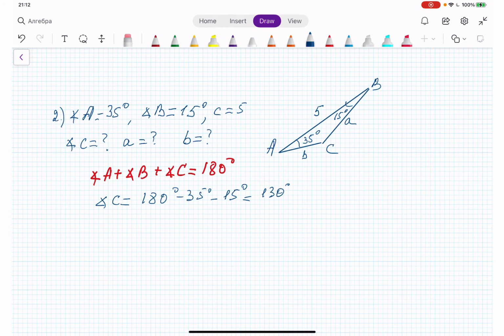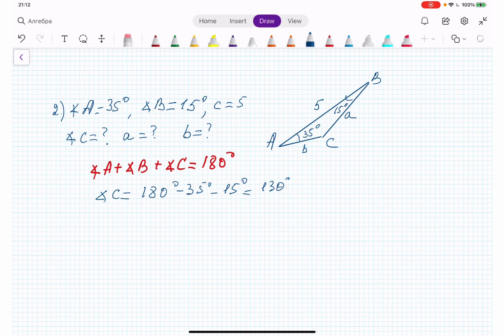Now, let's use the law of sines. Since I have side C, I'm going to use the sine C and side C ratio.